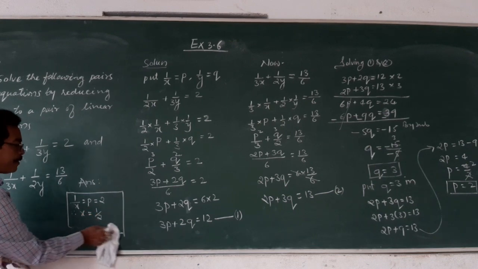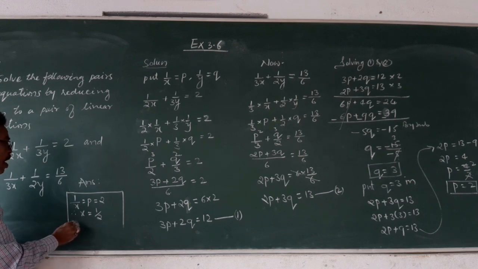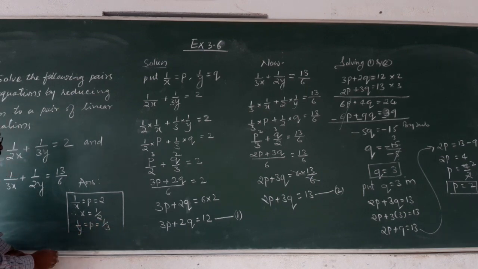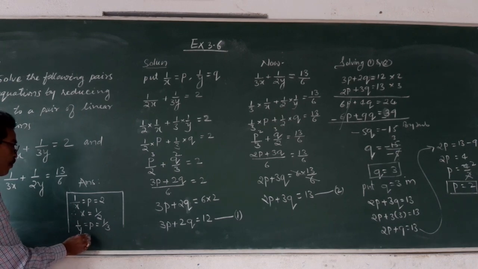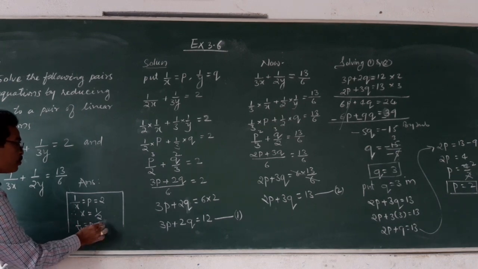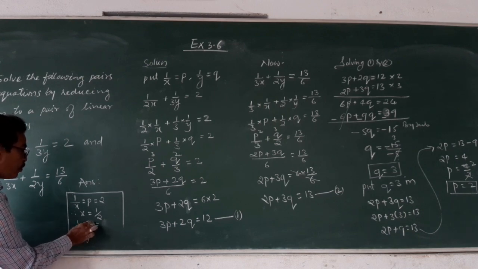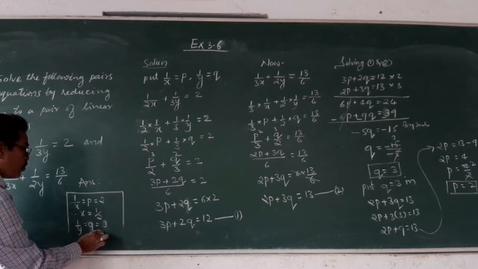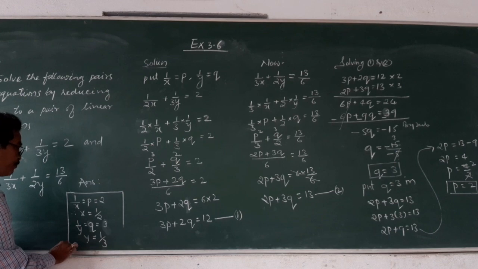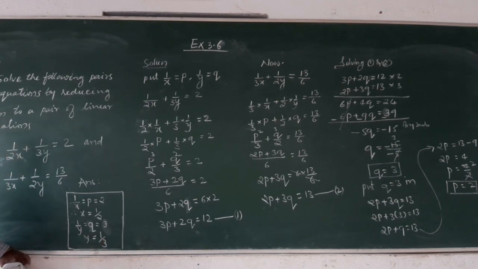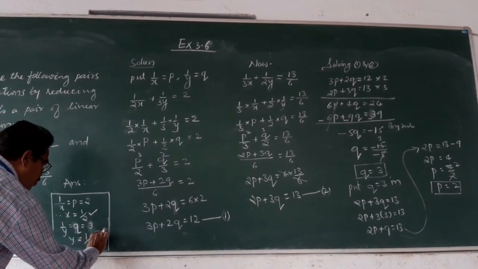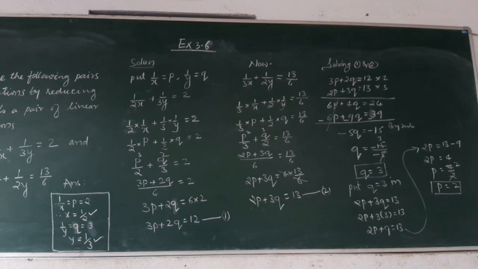Then 1 by y equals q, and q equals 3, therefore y equals 1 by 3. x equals 1 by 2 and y equals 1 by 3 is the ultimate answer for this.